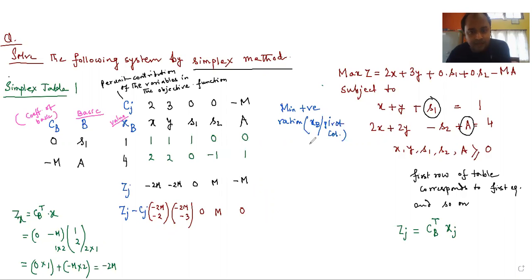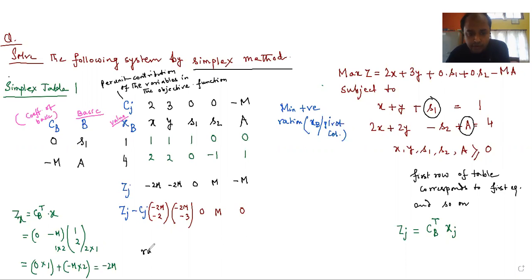Okay. Now what about the last row, zj minus cj? I shall come back to this particular table once again, but before that I need to write something, so that the table will be in front of you.